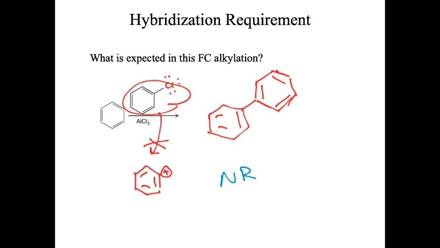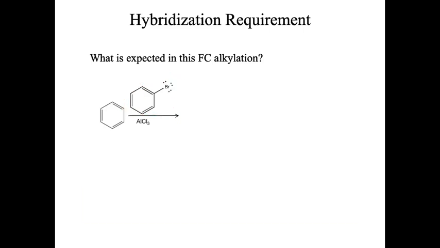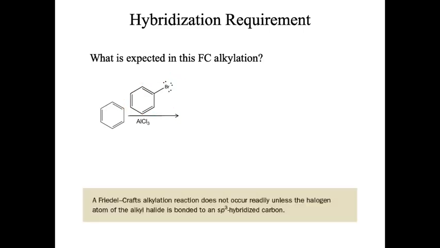We have to start with an sp3 carbon. Okay? And I don't think I have anything pretty on that. No, I don't. Okay? So they don't work. So it has to start as an sp3 carbon. Okay? So that's our last big restriction on it.